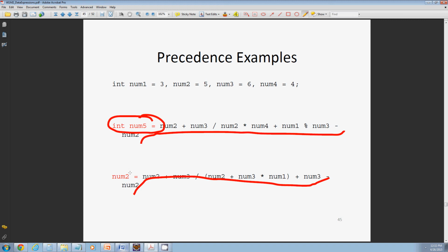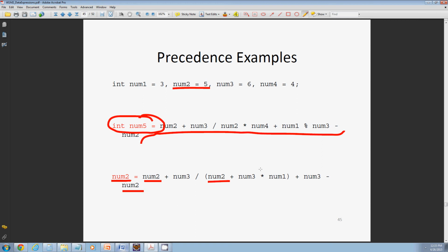Now you'll notice in this second example, the operand that we're storing into is num2, which is also one of the variables we used in our calculations. Now this wouldn't change the calculation because we would use the current value of num2 to evaluate the right-hand side. So we'd use a 5 here, here, and here.